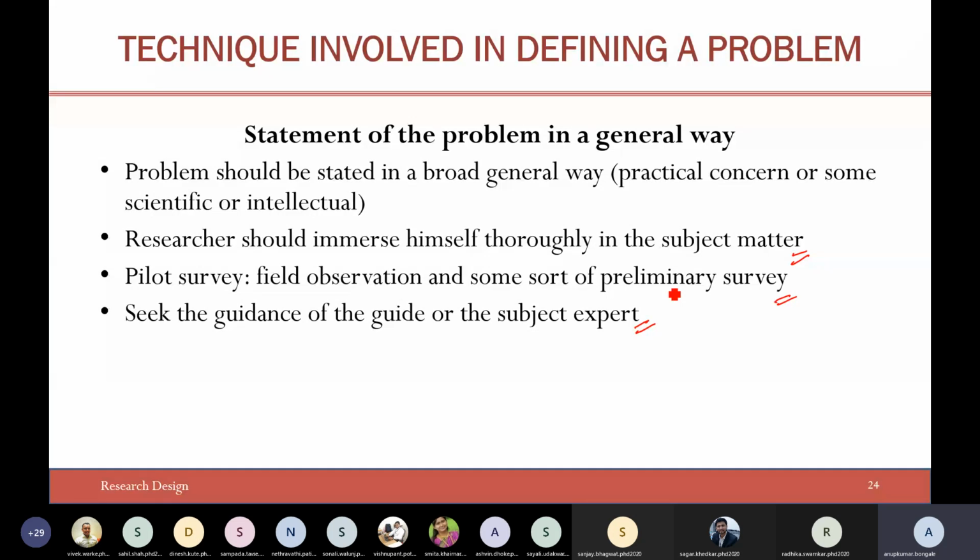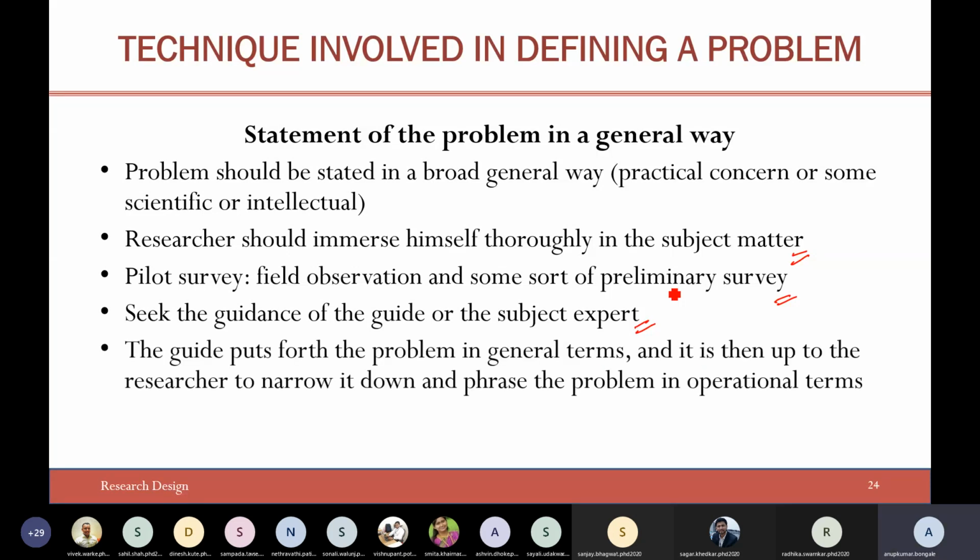Sometimes the researcher will start dwelling upon one particular problem, losing the bigger picture. That is where the guide comes into the picture, so always take advice from your guide. The guide puts forth the problem in general terms, and it is up to the researcher to narrow it down and phrase it. So it always comes down to the researcher.